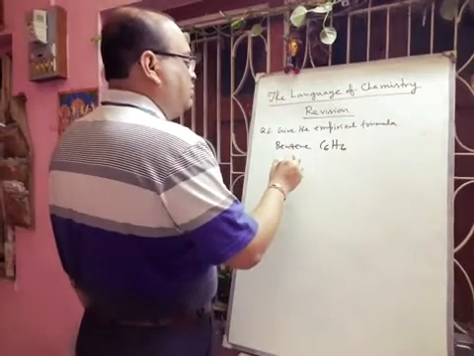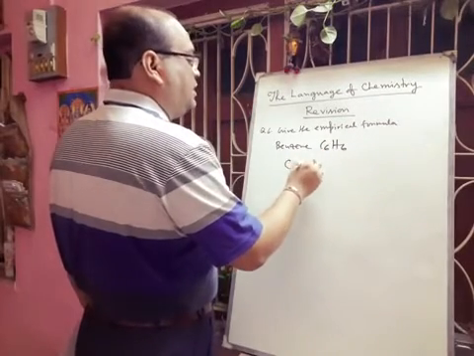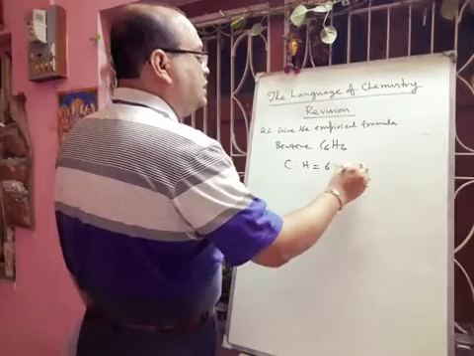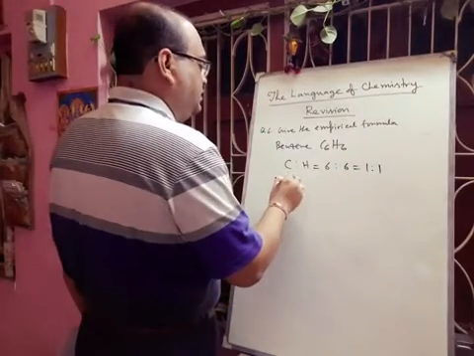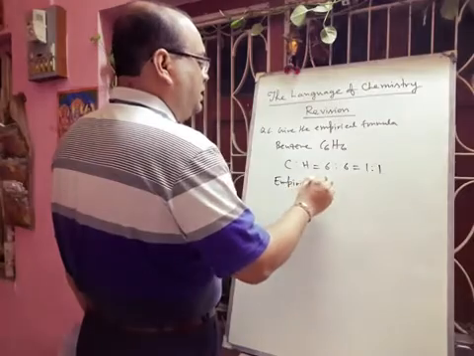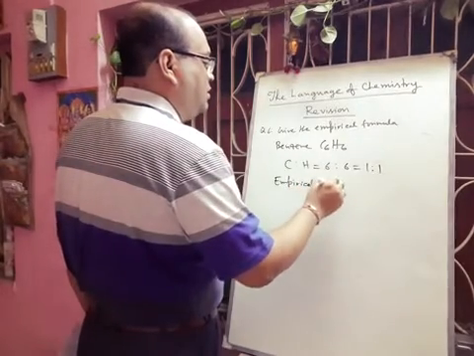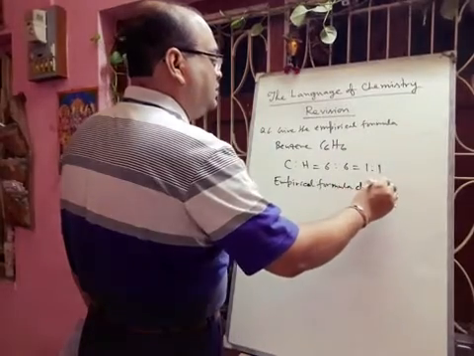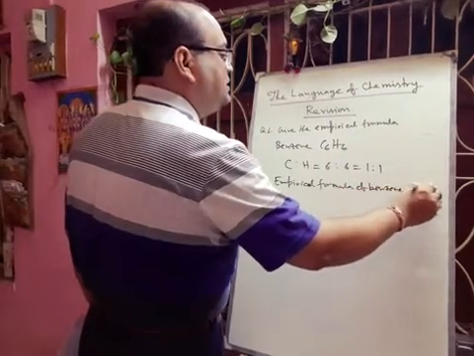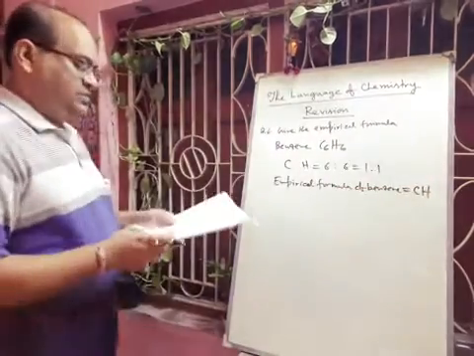So here what you have to do, you have to take the ratio of carbon and hydrogen, that is 6:6. That means 1:1. So empirical formula of benzene will be CH. Okay, hope you can understand.